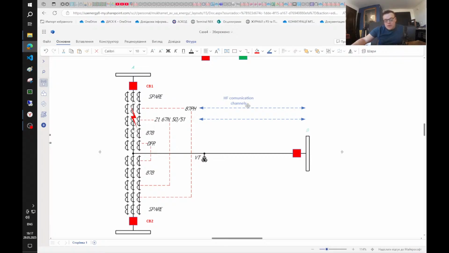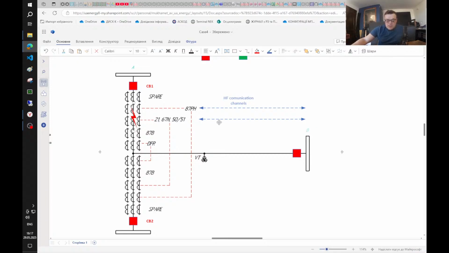Also, on that line two communication channels are implemented, one for phase differential protection and one for the teleprotection scheme. We use a scheme like a POTT scheme, but it's a little different from the usual Western POTT scheme.